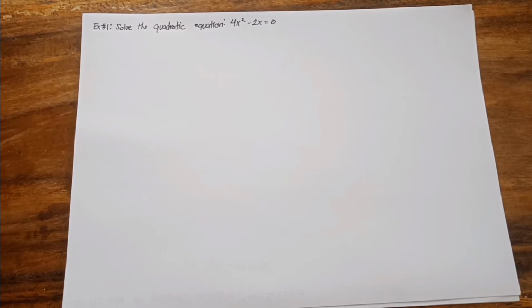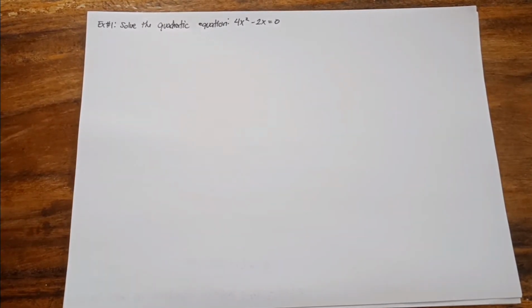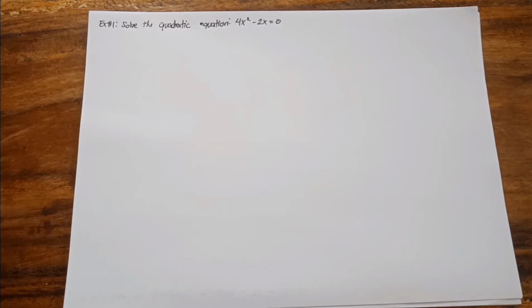Here's example number 1. Solve the quadratic equation 4x squared minus 2x equals 0. We can see the 0 is on the other side, so we can move on to step 2, factor completely.